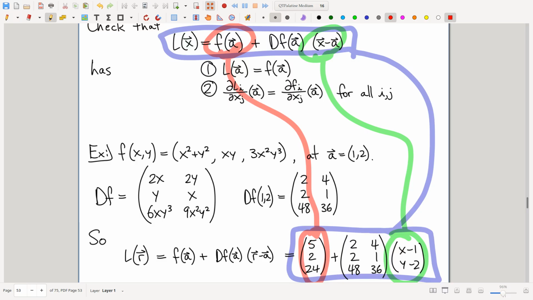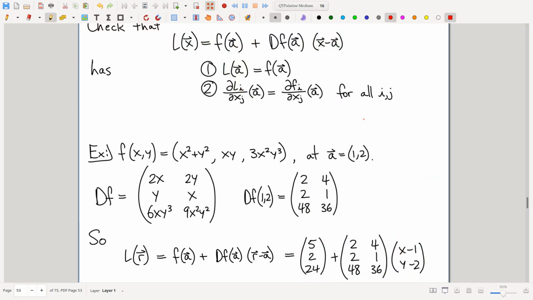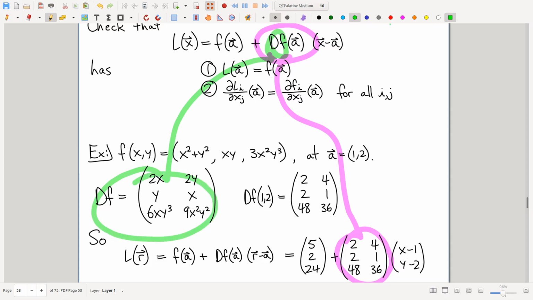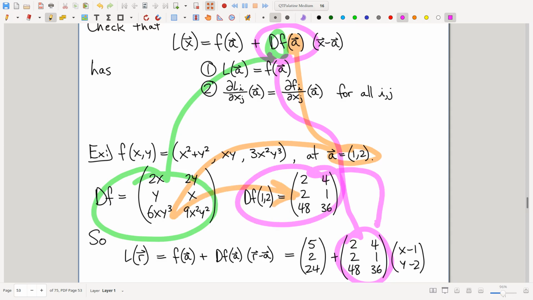And then again, you just have to figure out what the derivative matrix is, and the derivative matrix ends up being this, because the derivative matrix is ultimately made up of a bunch of partials, into which I have to plug my point a, thus giving me that derivative matrix.